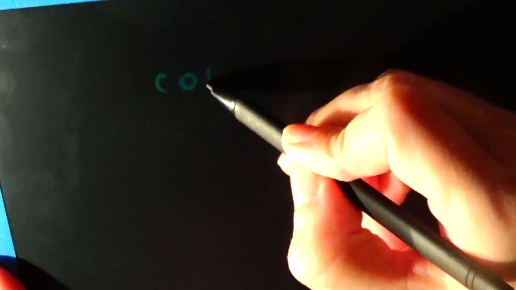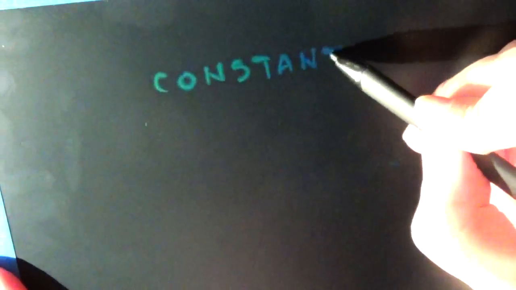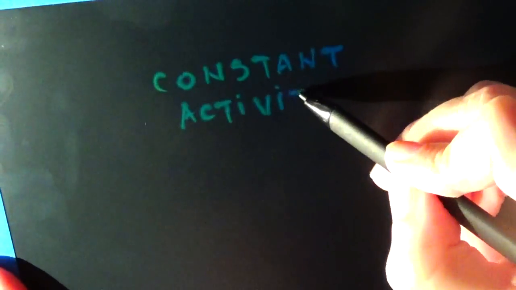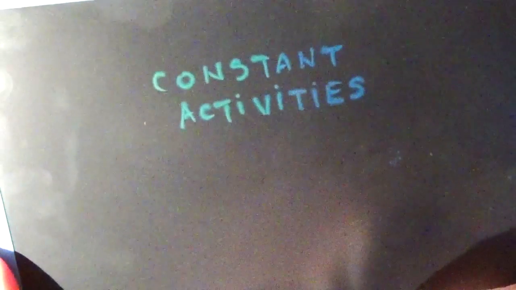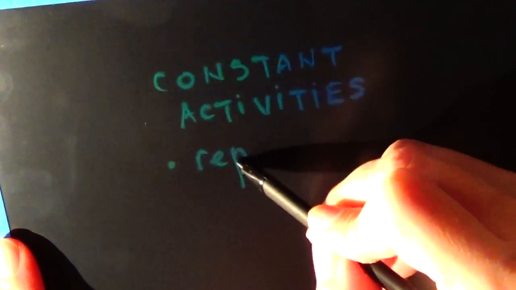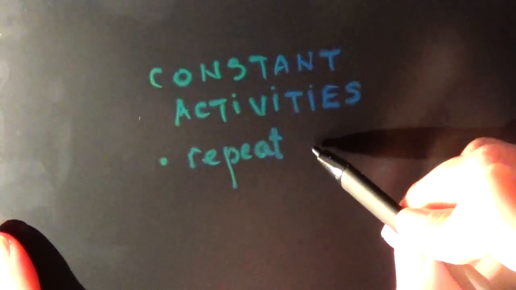If you want to help your cat learn to anticipate constant activities, you should repeat a word.